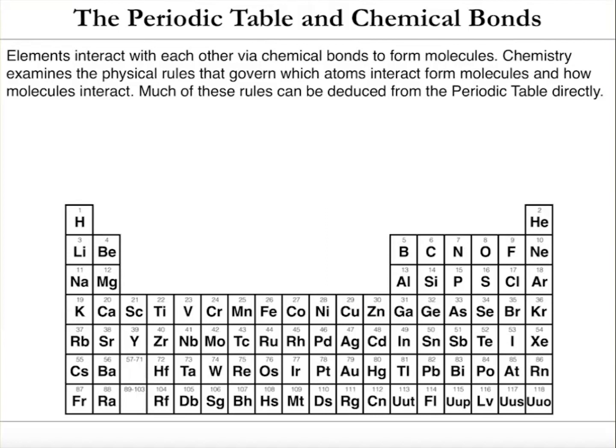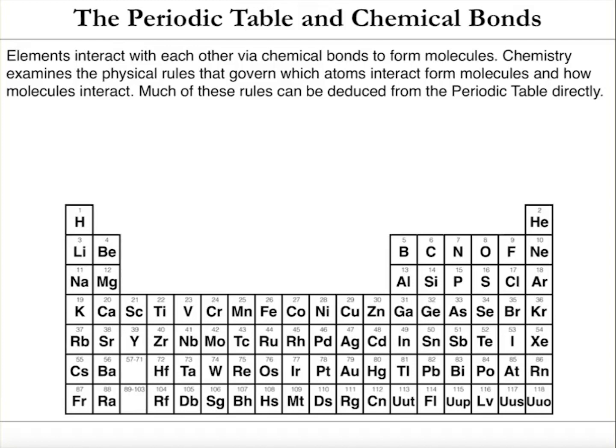So these are specific chemical groups made up of two or more atoms that are linked together by chemical bonds. So the study of chemistry is basically examining the physical rules that govern which atoms interact to form which molecules and how these molecules can interact to modify or change or cause chemical reactions that change the atomic characteristics of these different molecules.